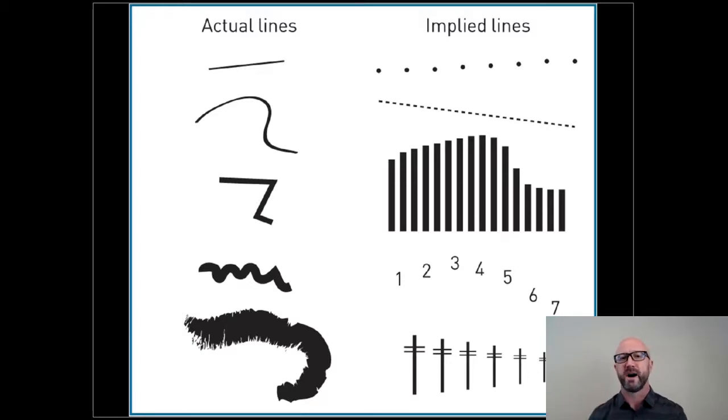Or if you look at these dots all in a row, or dashes all in a row, or the tops of all of those vertical lines in a row, there appears to be a line that connects them all together, right? That's what we call an implied line. Implied lines are used by artists to point towards things, to make points of emphasis, for instance.